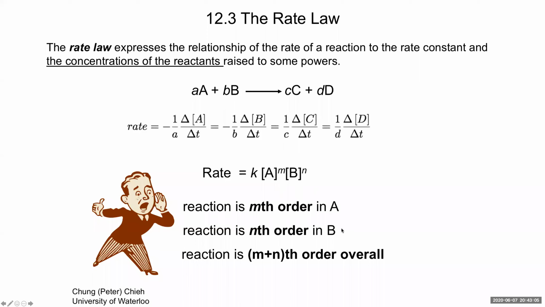That's how, in general terms, we would write a rate law. All rate laws take on this form. Remember, the rate is the change in A over the change in t. So we can substitute this quantity for the rate, delta A over delta t. Delta A over delta t would equal k, A to the power m, B to the power n.